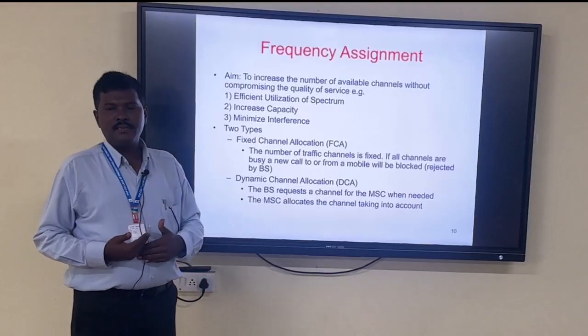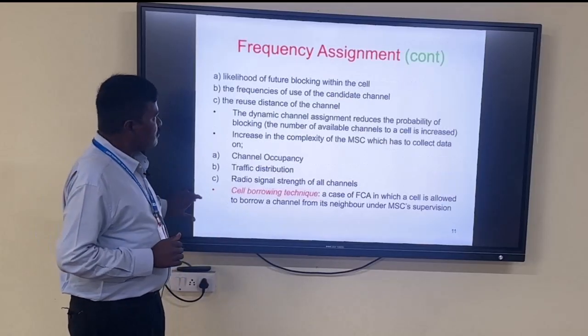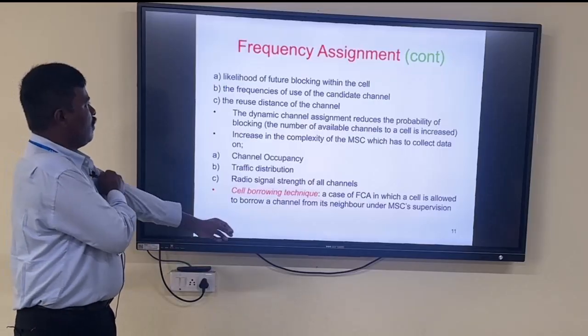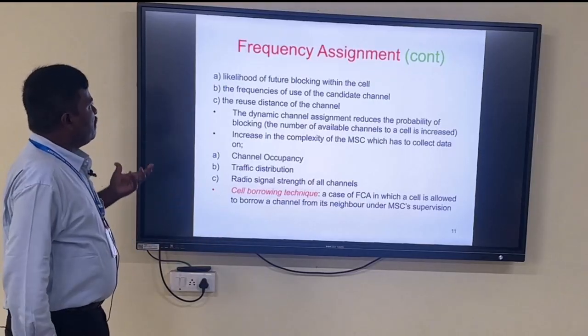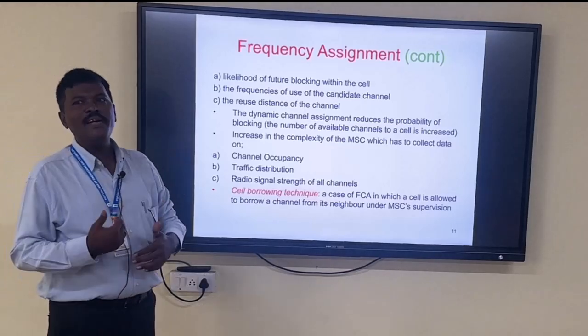After the allocation, the mobile switching center takes it into account.